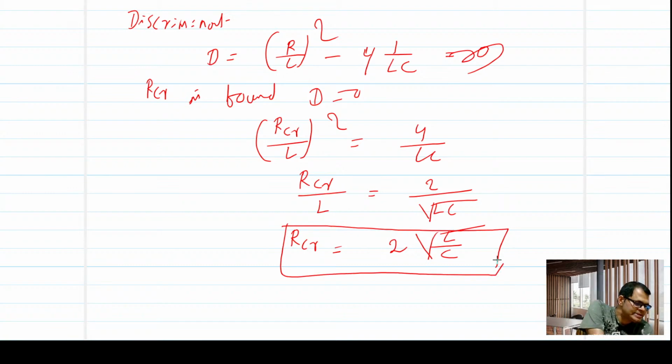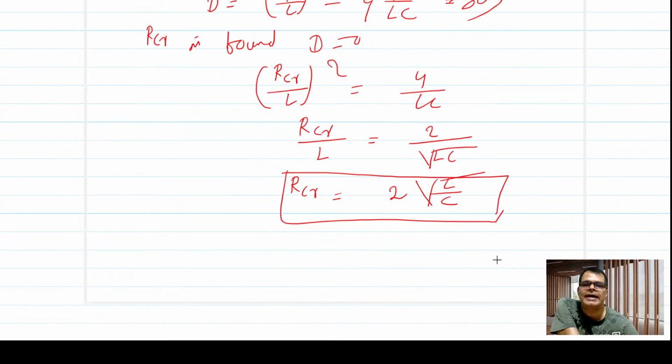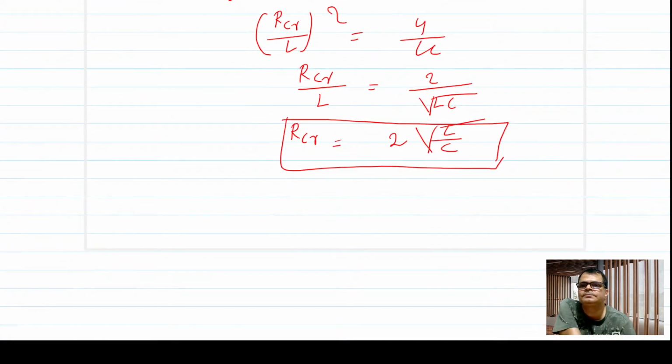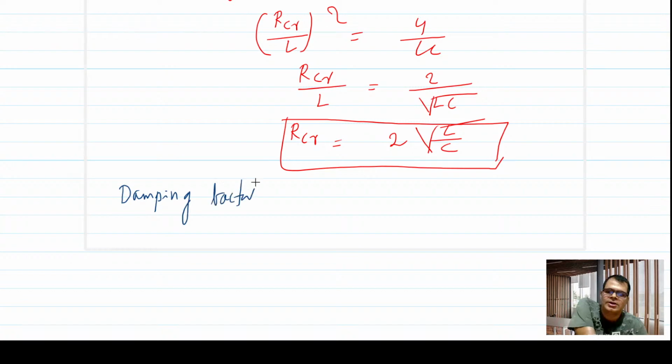LC. Now I am going to define a very important factor called the damping factor for the series circuit. Damping factor or damping ratio.